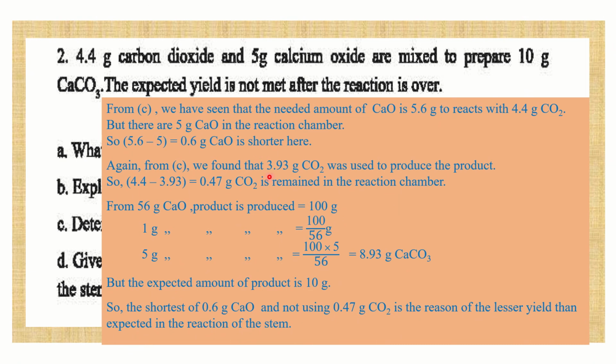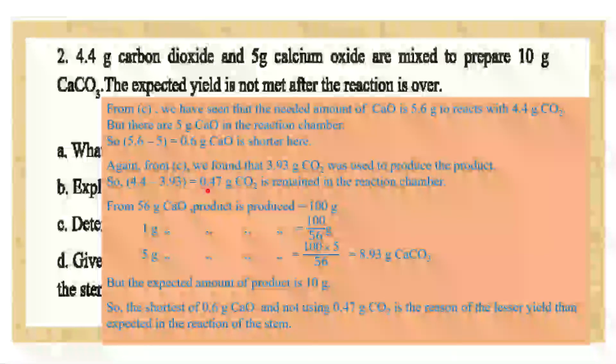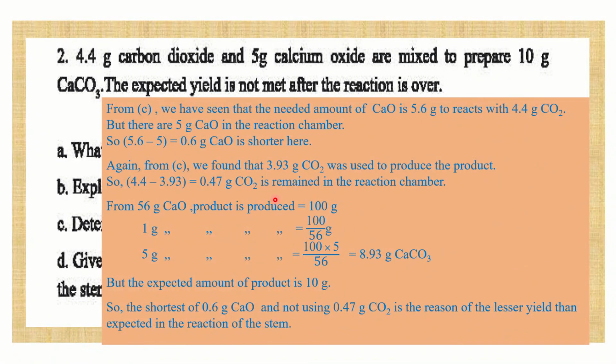Again, from C, we found that 3.93 gram carbon dioxide was used to produce the product. That means 0.47 gram carbon dioxide remained in the reaction chamber.